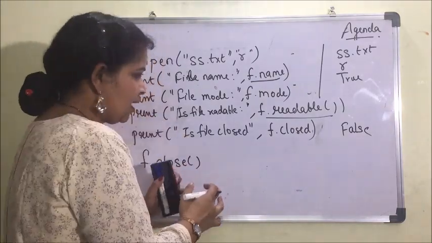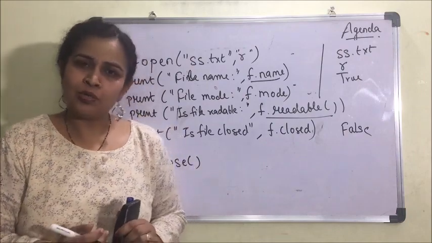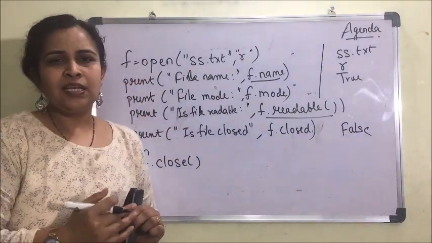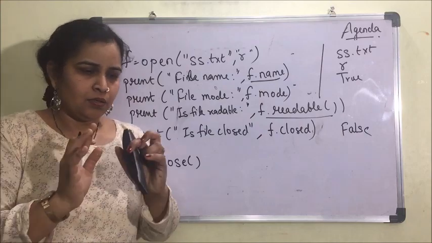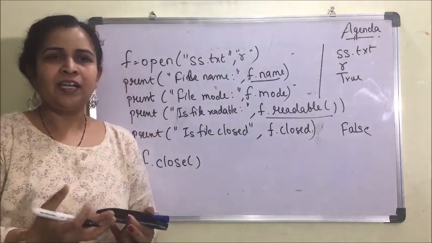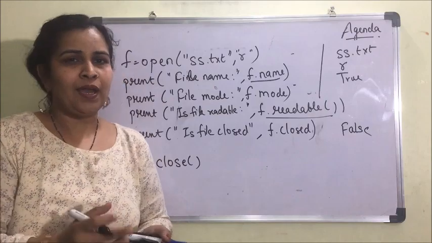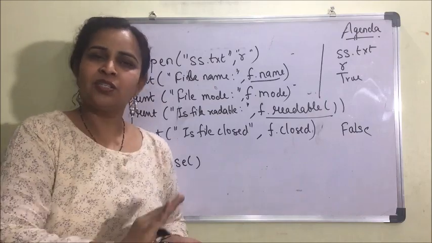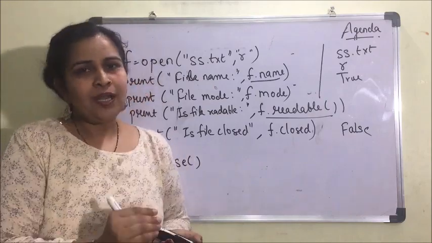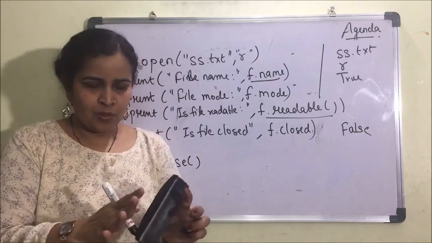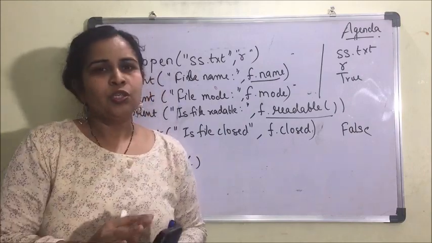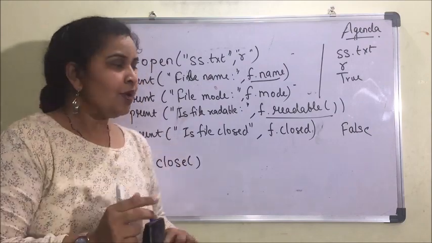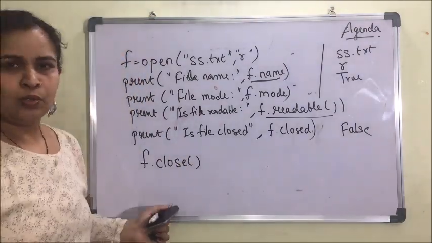It is not mandatory, but it is preferable to close the file because this statement forces the interpreter to flush the data we want to write into the file, so that before closing the file, everything is written and data is not lost. So it is advisable to close the file.